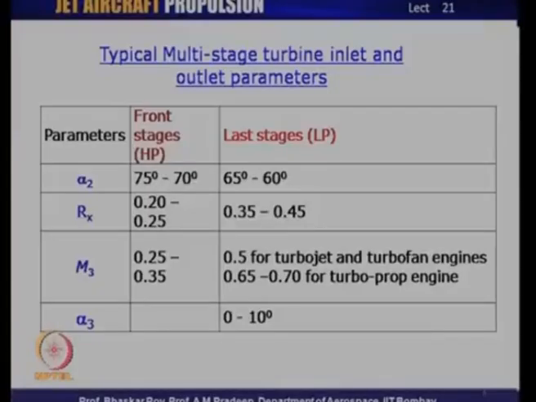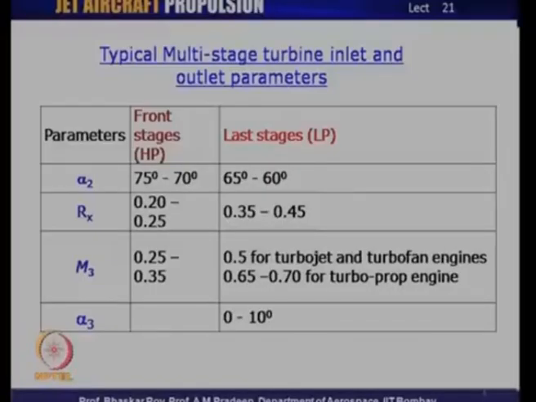The exit Mach number, as we can see here, from the front stages is not very high, because it is coming with a low Mach number from the combustion chamber. So, in the front stages, the exit Mach number is of the order of 0.25 or 0.35. Mind you, this Mach number is dependent on the local temperature. So, one has to factor in the local temperature to actually figure out what the actual velocity would be.